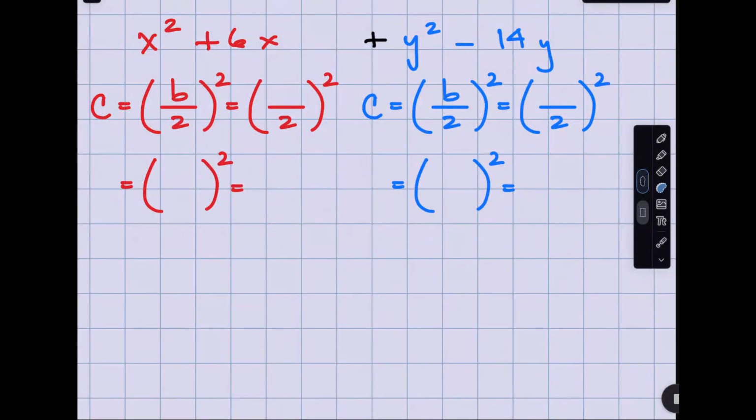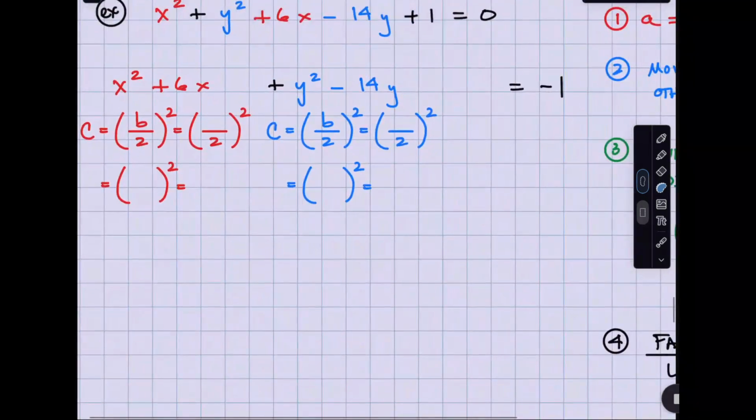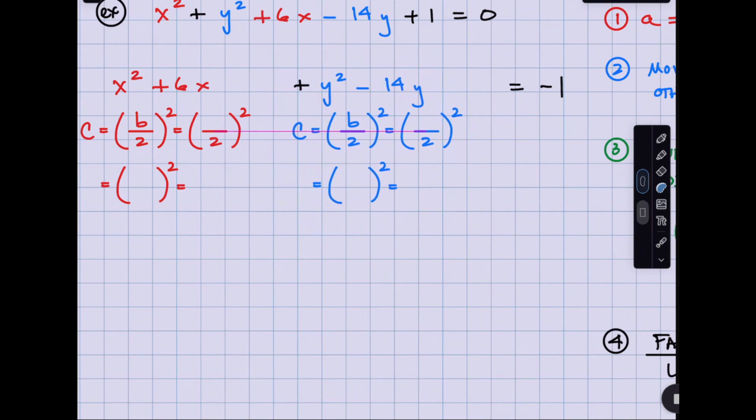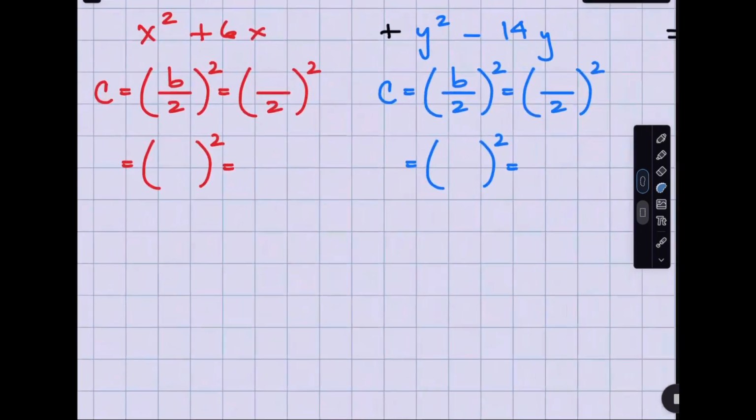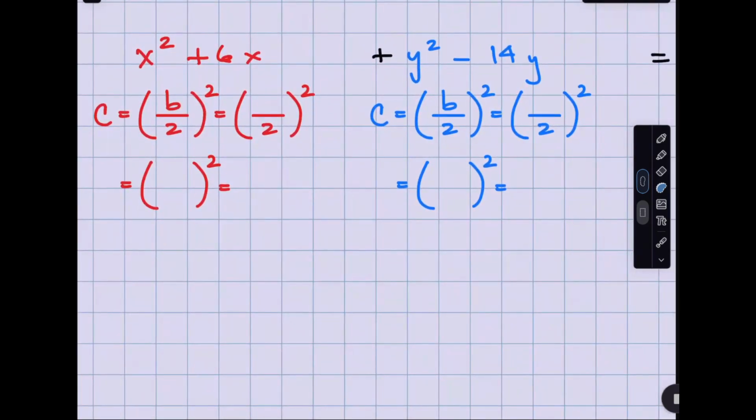So I want to find a new C for the x. I want to find a new C for the y.